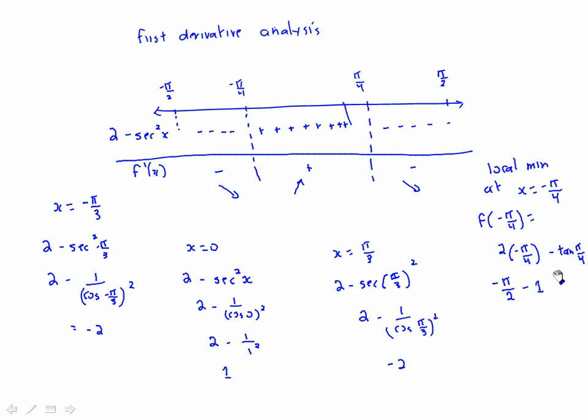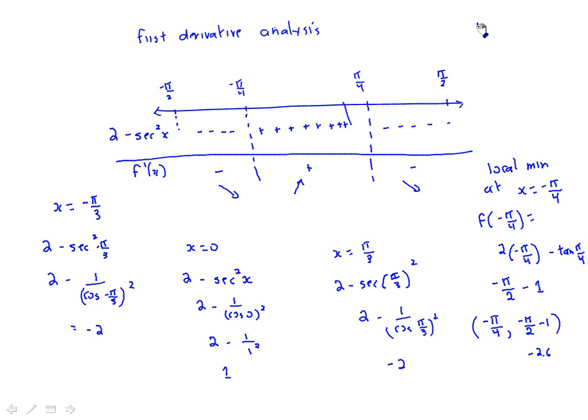That's not a very snappy number, but if we plug negative pi divided by 2 minus 1 into our calculator, we can at least get a decimal value for this. So this is negative pi over 4, comma, negative pi over 2 minus 1. And that is about negative 2.6.